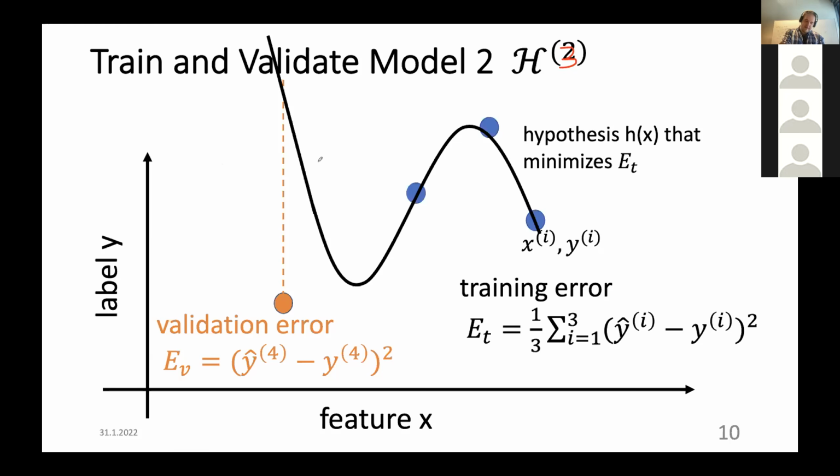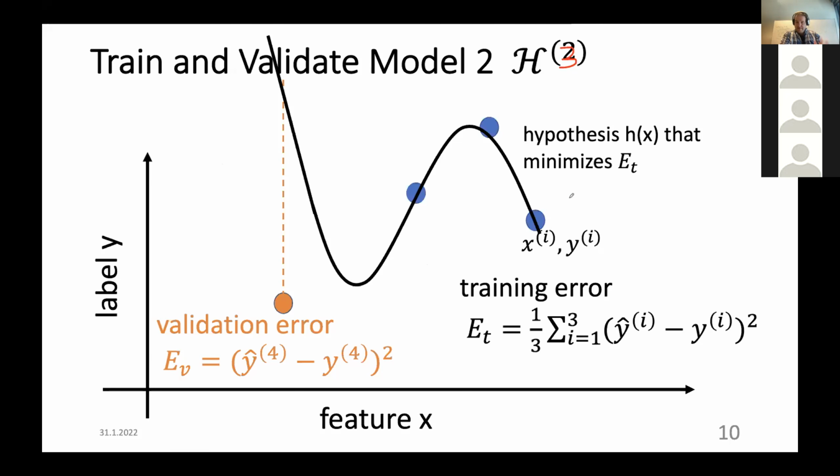Okay, so let's say model 2 is the set of polynomials of maximum degree 3. Okay, and here, as you might remember from math, when you have at your disposal all polynomials of degree 3, and I give you 3 data points that are not on top of each other, then you will always find a polynomial that passes through these 3 data points perfectly.